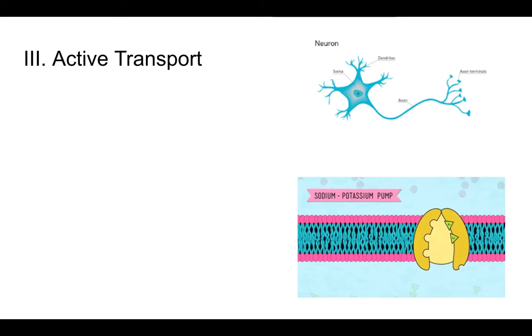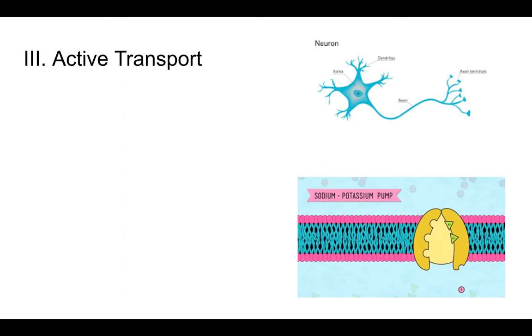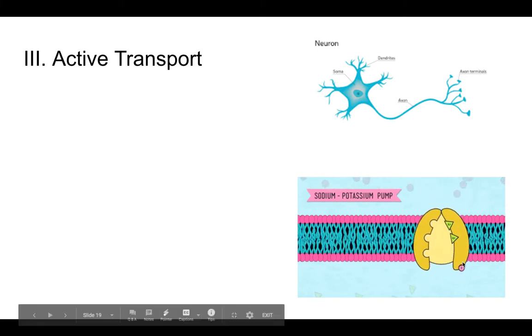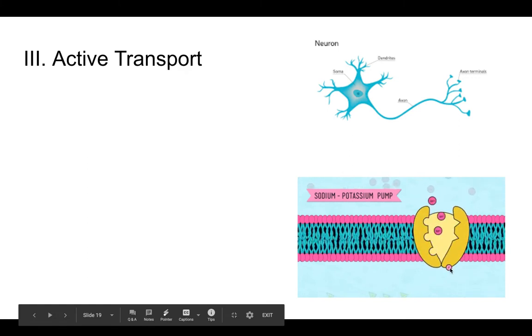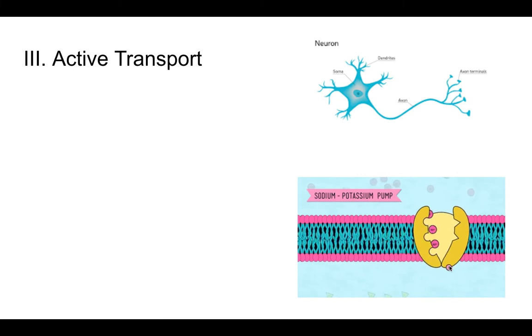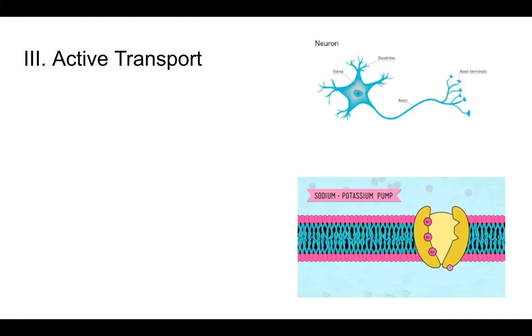And you'll notice that as the pump operates, 3 sodium are pumped out and 2 potassium are pumped in. This right here is a phosphate off of the ATP, the adenosine triphosphate energy molecule that is facilitating the movement back and forth of that pump.